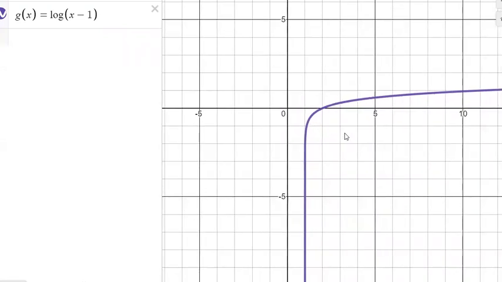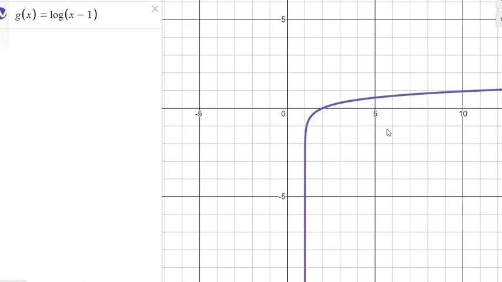So let's think about it. Where does the function start from the left side? I know that it comes up from the bottom, but it never passes this vertical line right here. We call that a vertical asymptote, right?